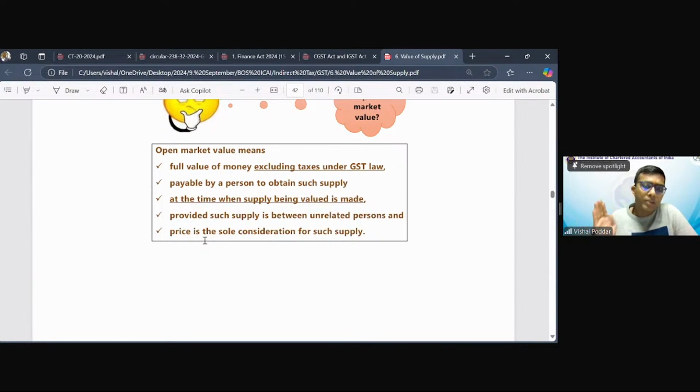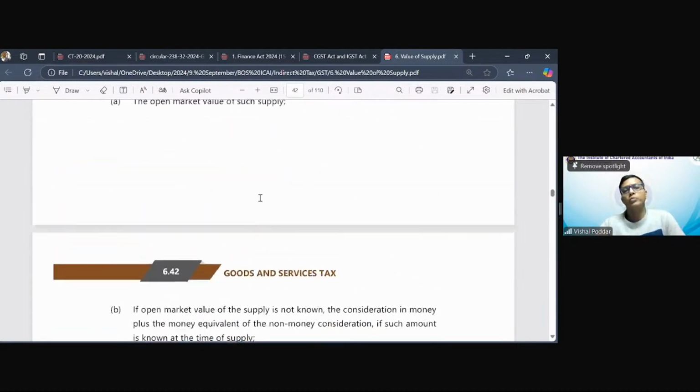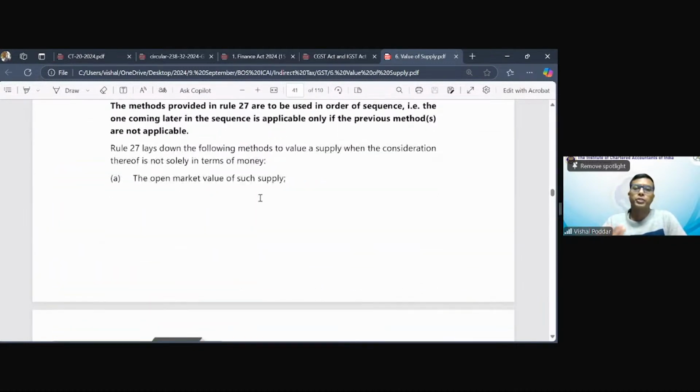It means that fee is my correct transaction value. So let us say that fee is 20,000, which I am charging to the majority of students who are not related and where the price is the sole consideration. So 20,000 becomes my value as per the first point in the rule, that is open market value. Anybody having any questions with this?